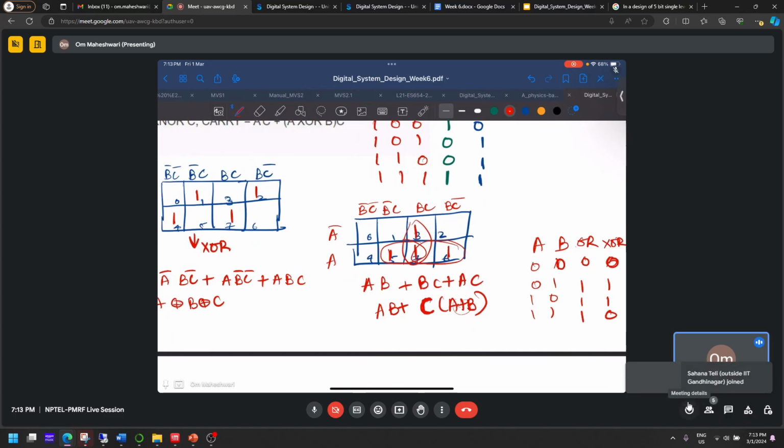Okay, so this is the difference between OR and XOR.